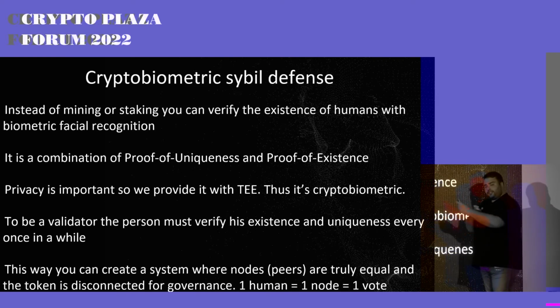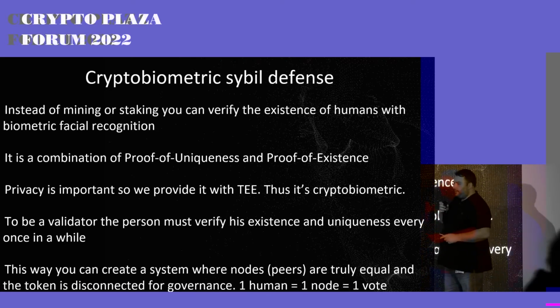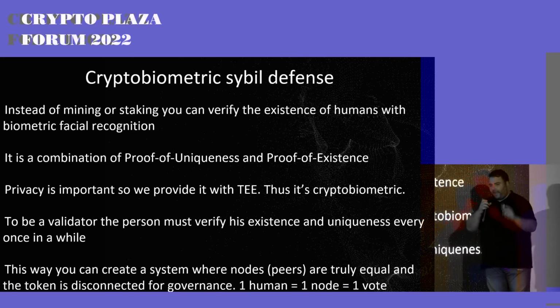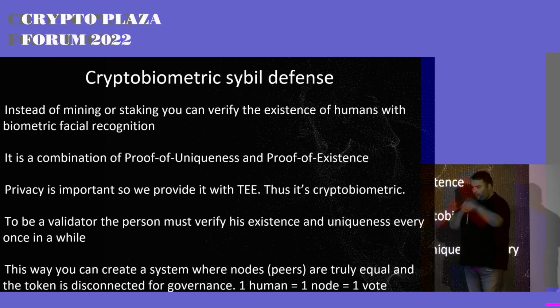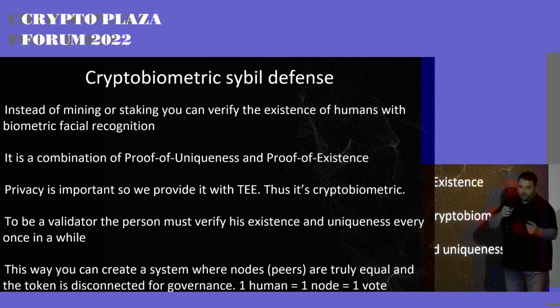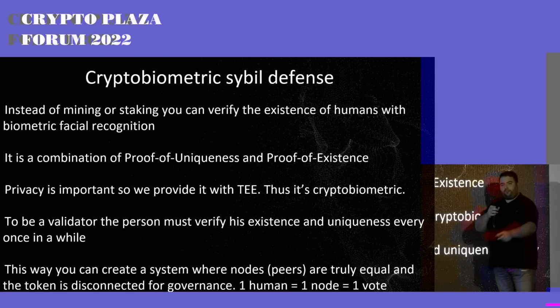Returning to the Satoshi Nakamoto coefficient, if you have 1,000 nodes that have equal weight, equal power just because they're human beings, you can get systems that are much more decentralized than any proof of work or proof of stake system, just because the system will not allow you to amass more power than any other peer in the network. One human, one node, one vote, and all peers are equal.